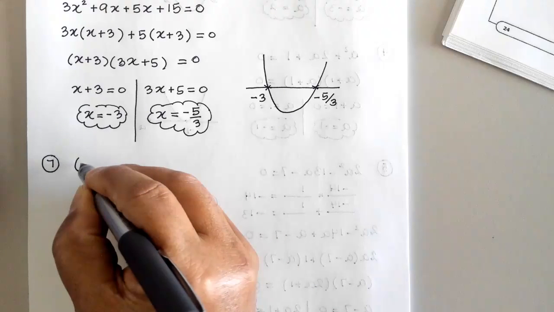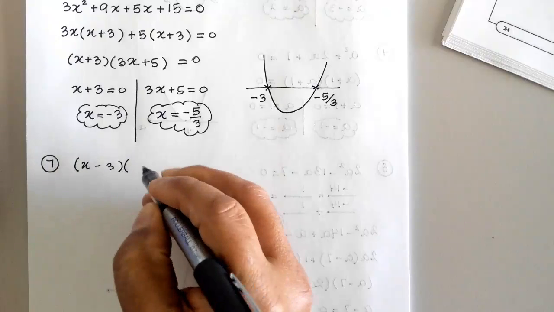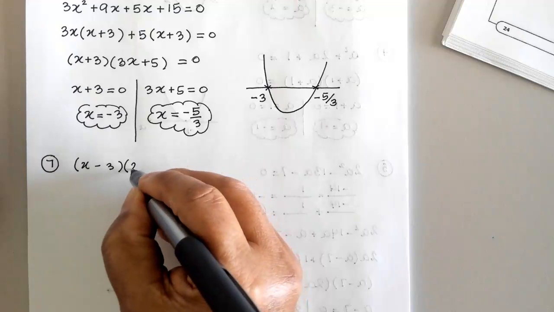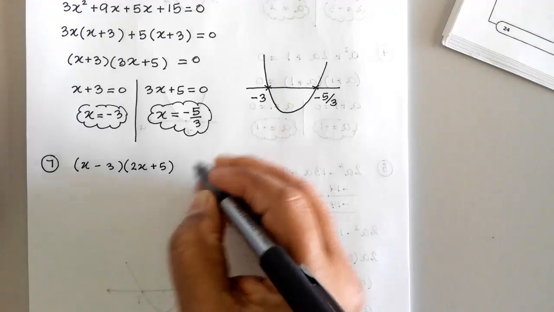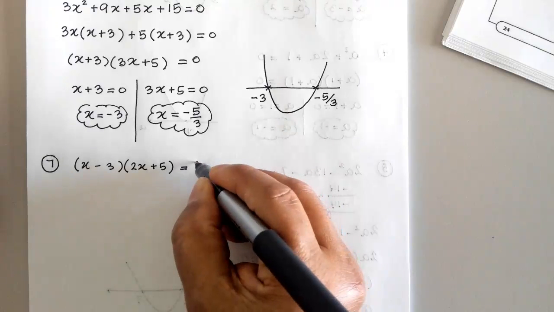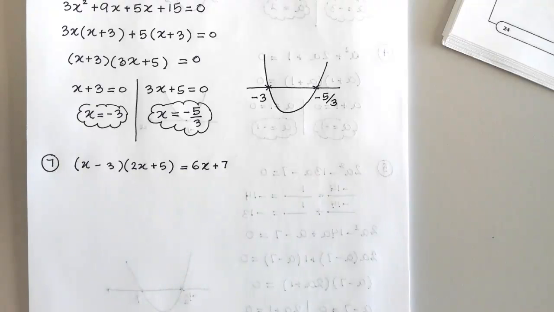You have that x minus 3 bracket 2x plus 5 close bracket must be equal to 6x plus 7. All right, let's say that we have that.